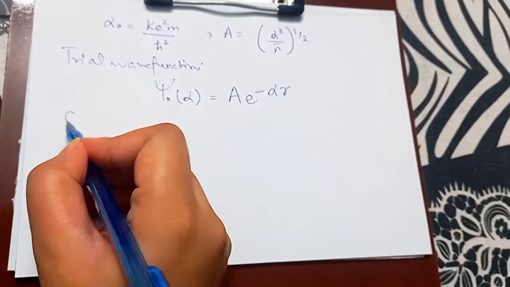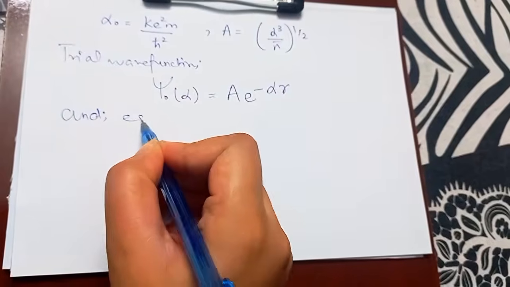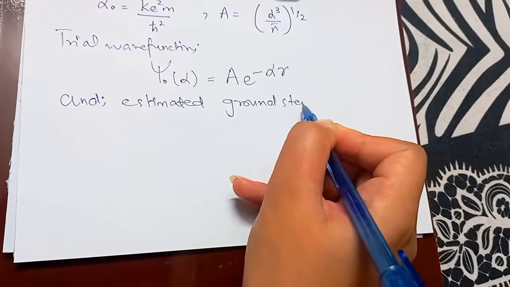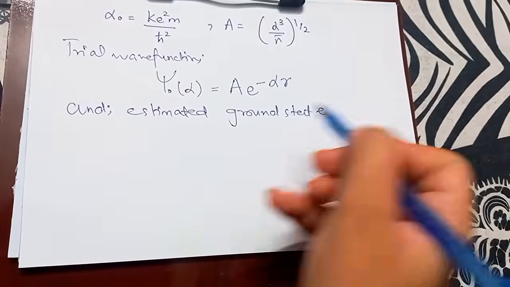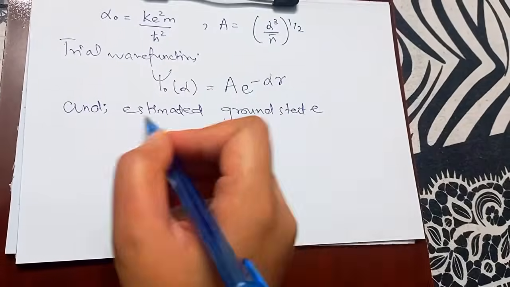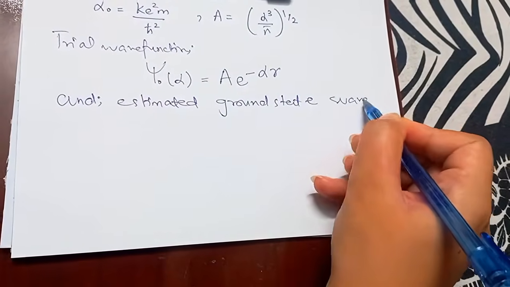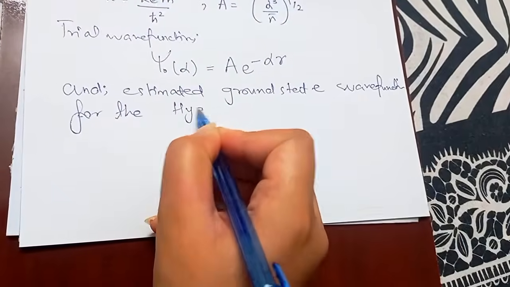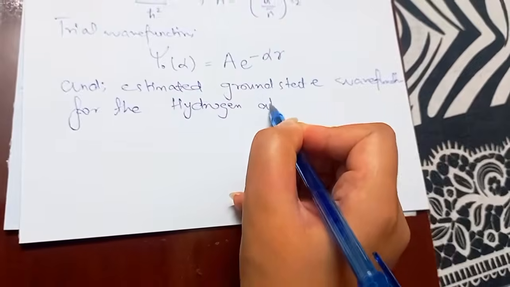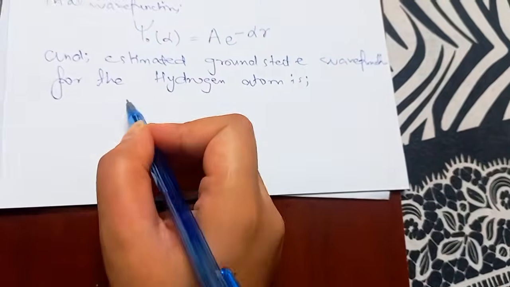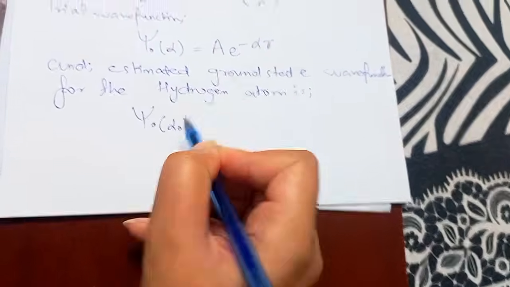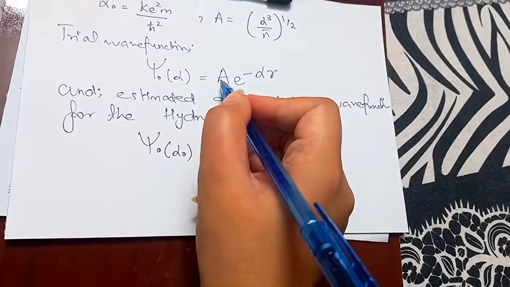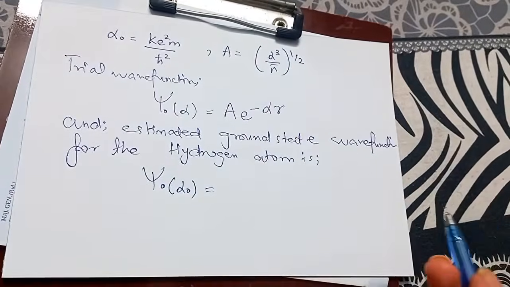The estimated ground state wave function, the best estimate that we can make using the variational principle, for the hydrogen atom is obtained by putting alpha equals alpha naught in this expression, and also in A, since A is dependent upon alpha.